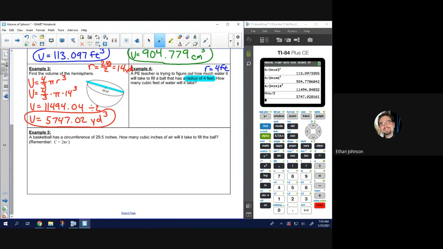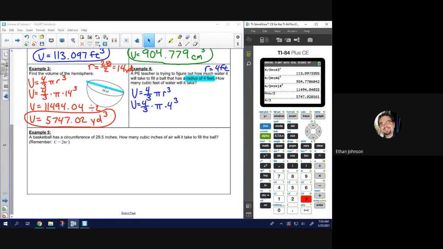So we're going to do the same thing. Volume equals 4/3 pi r cubed, or in this case, V equals 4/3 times pi times a radius 4 cubed. Going to take a moment and type it in the calculator.